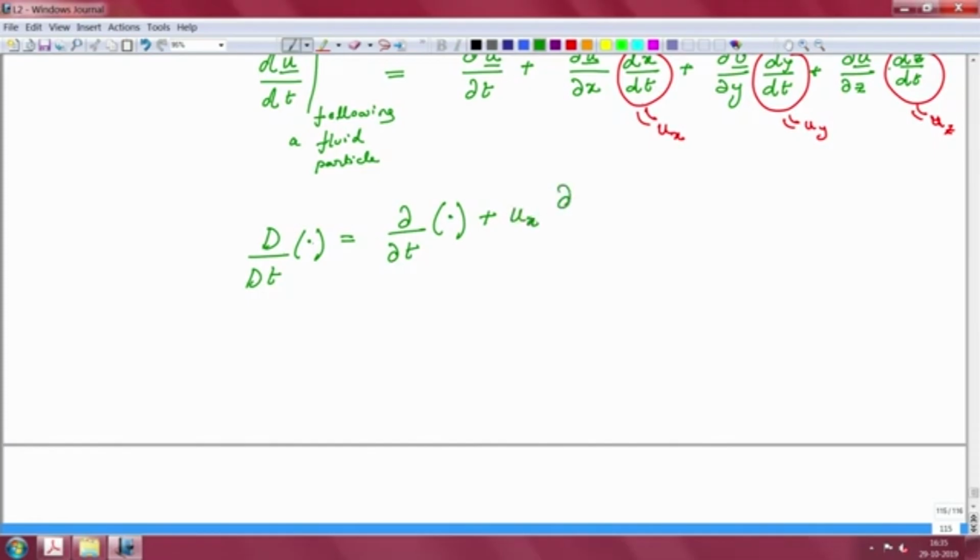If this is an Eulerian variable, then when you take the derivative following a particle, you have to take it in this particular form, and this can be any quantity, it can be a scalar, it can be a vector, and so on.